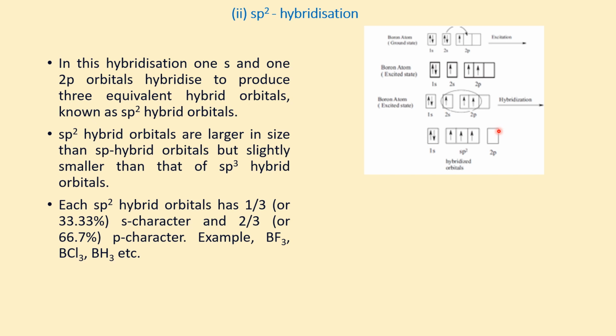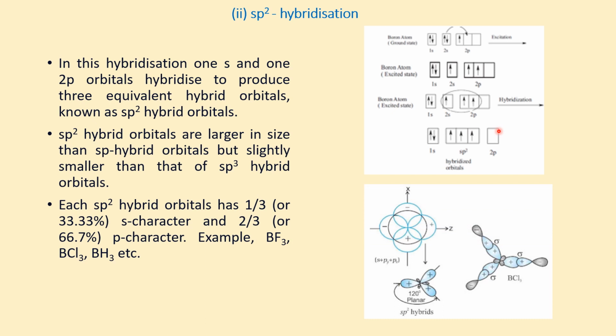Therefore, in BCl3 shown in the figure, the geometry is trigonal planar with a Cl-B-Cl bond angle of 120 degrees. So here you see the angle between Cl-B-Cl is 120 degrees.